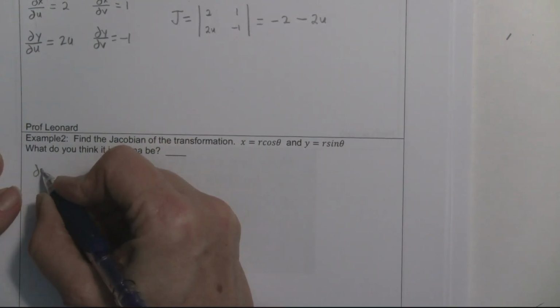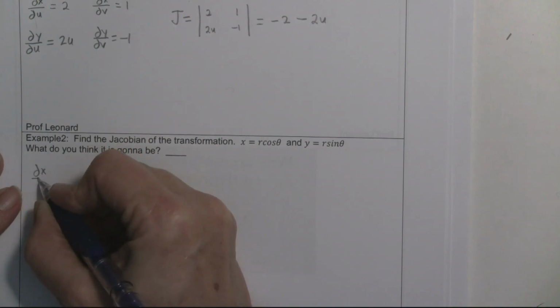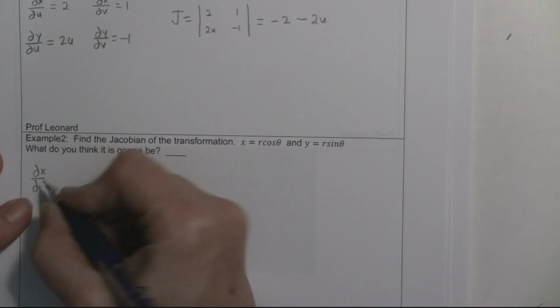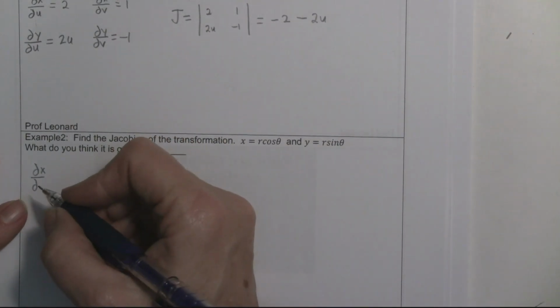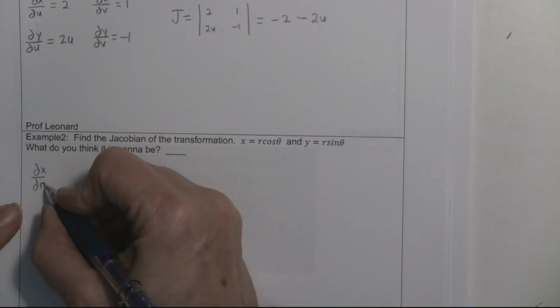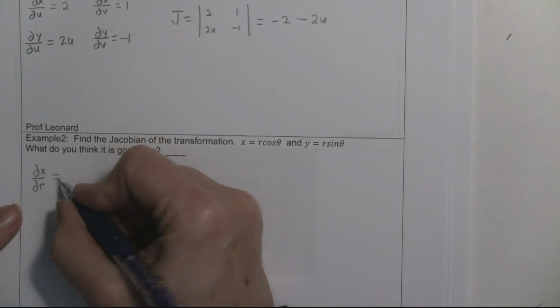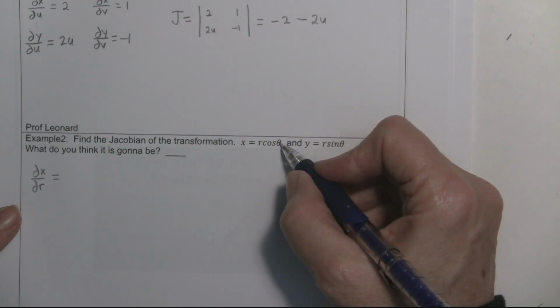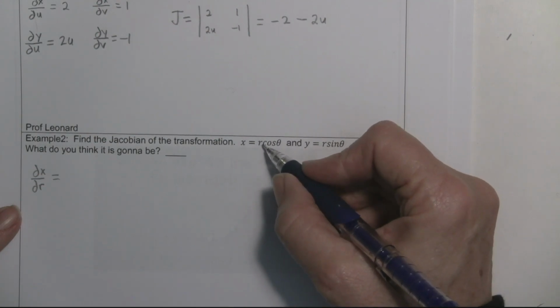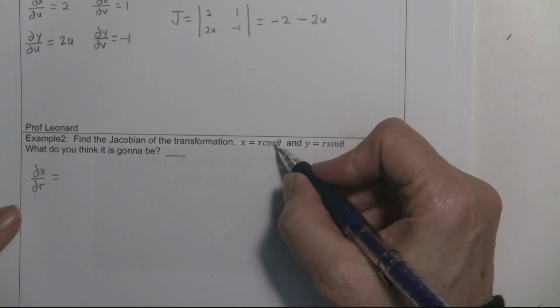So we need the partial of x with respect to, in this case, we have r and theta. So we're not going to do u and v. So with respect to r, r is our variable and theta is a constant. So the derivative of r is 1 and the constant just holds still.